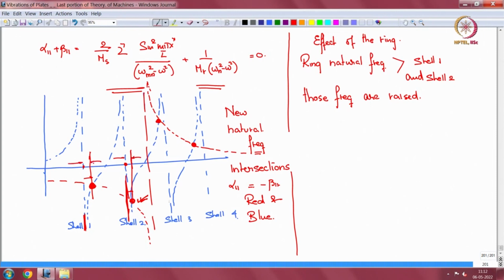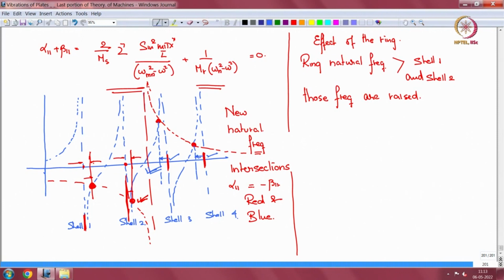Whereas this is the shell third natural frequency, the shell fourth natural frequency, and this is the ring natural frequency, which is lower than this value. Then what happened? This now is the new natural frequency, so that got lowered. This is the new natural frequency that got lowered.